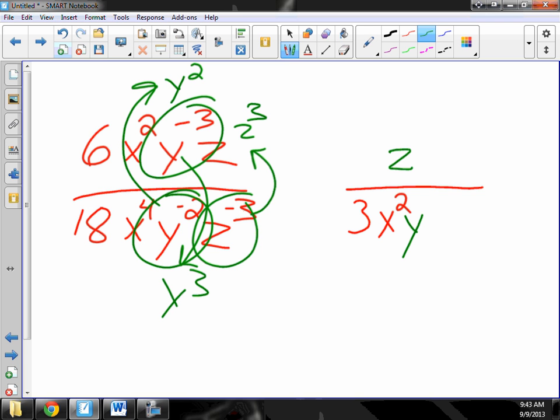So z to the 4th on top. Because I had 3 in the denominator and I had 1 in the numerator. So when I bring that up, those work together to be z to the 4th. Does that make sense? Because 6 over 18 is the same as 1/3. Yeah. Okay, what about this?